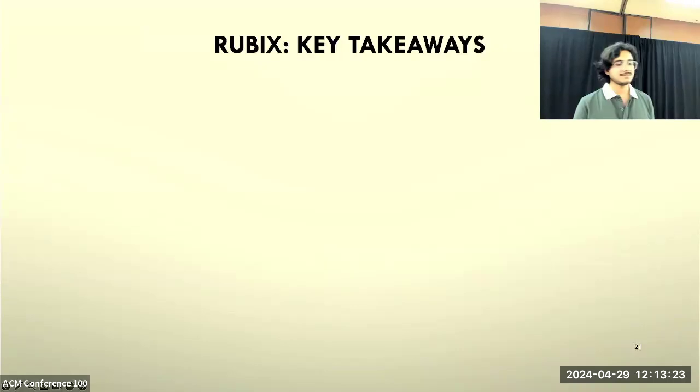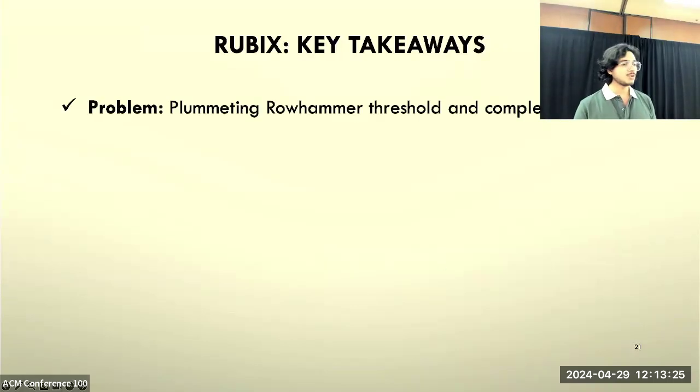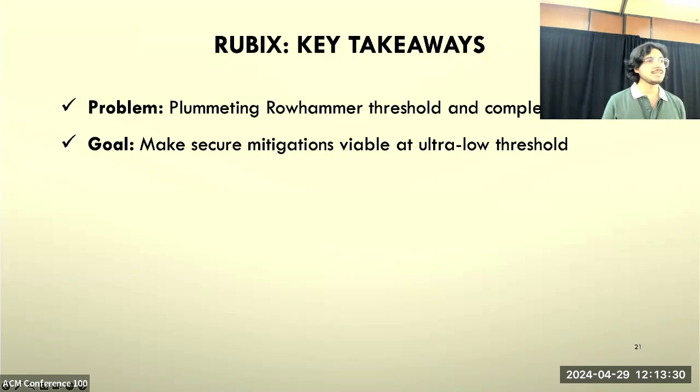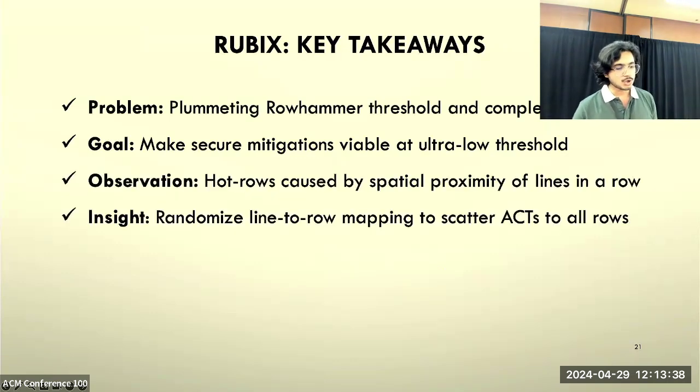So to conclude, right, in the face of plummeting Rowhammer threshold and complex attack patterns, we need secure mitigations to scale to ultra-low thresholds that we will likely see in the future. They don't currently work for ultra-low threshold because the root cause of mitigations, which are hot rows, increase dramatically as the threshold reduces.